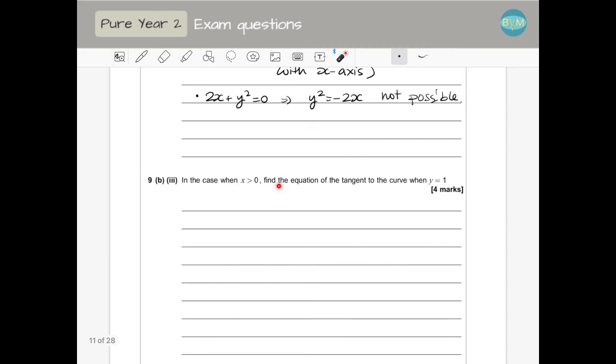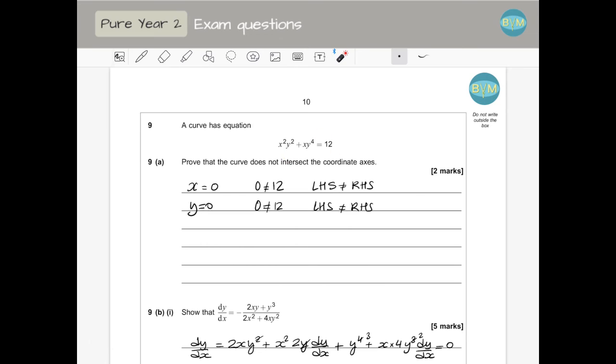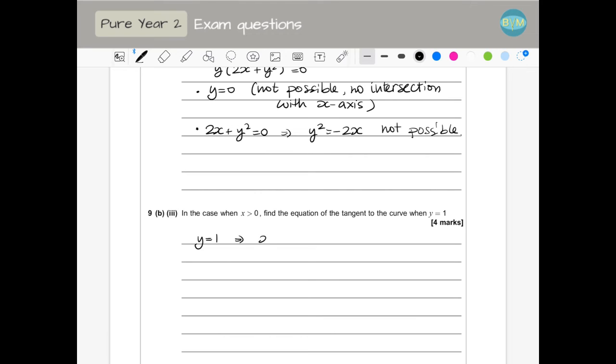In the case when x is positive, find the equation of the tangent to the curve when y is 1. So we are going to find when y is 1 what x is, to be able to write the equation. If we substitute y by 1, we have x squared plus x equals 12.